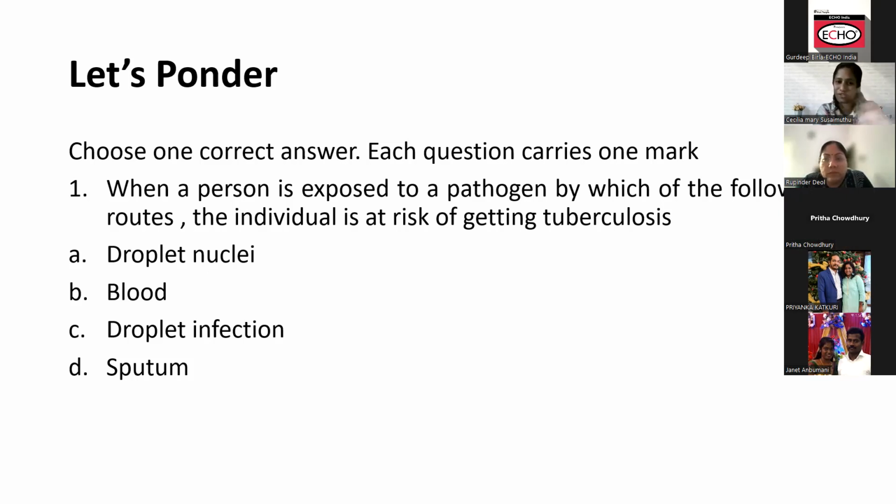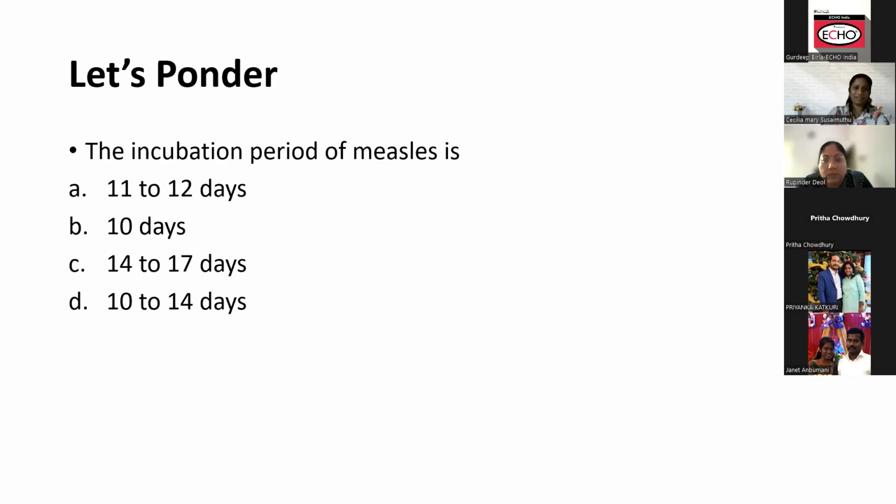You understood what it is? Is the stem understandable for you? It's quite tricky. The main part of the stem is not understandable, I feel. Okay, then coming to the distractors: droplet infection and droplet nuclei, both are almost the same.